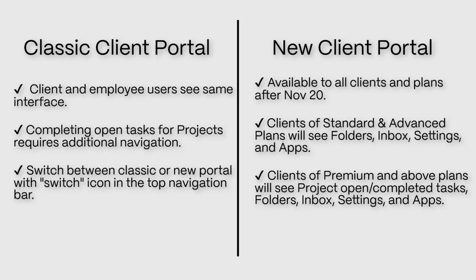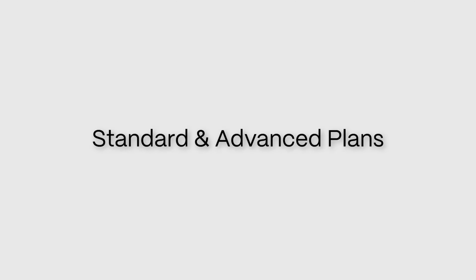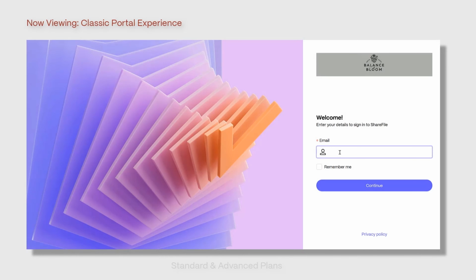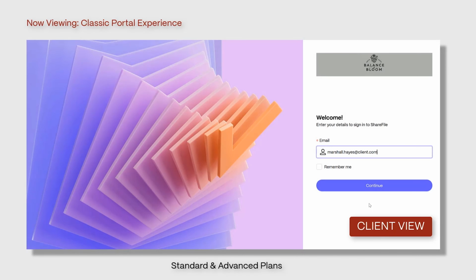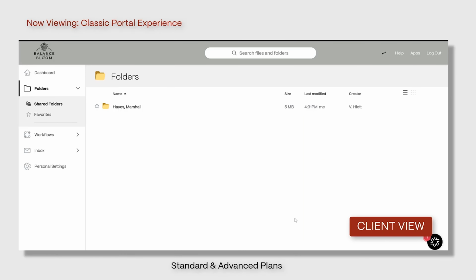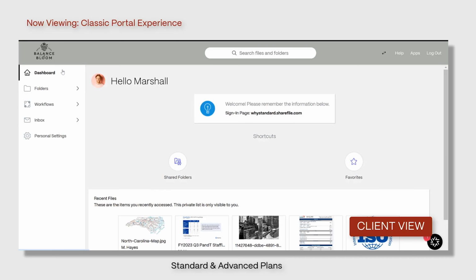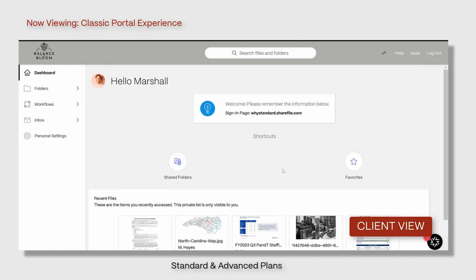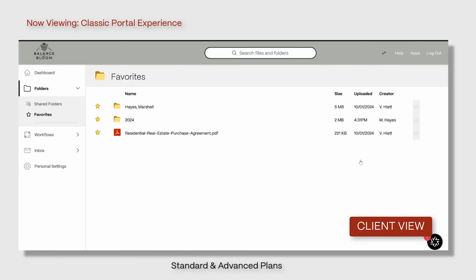To give you an idea of what's changing, let's break down the classic portal for our standard and advanced plans. First, it's got three main parts. When logging in, clients land within their folders. There is a client dashboard to access recent files and favorited items, plus sections to access their inbox and personal settings.